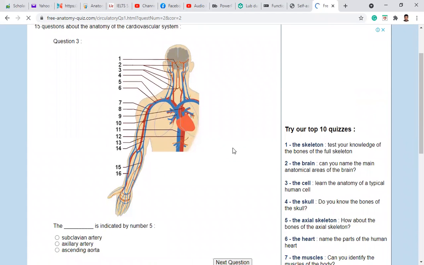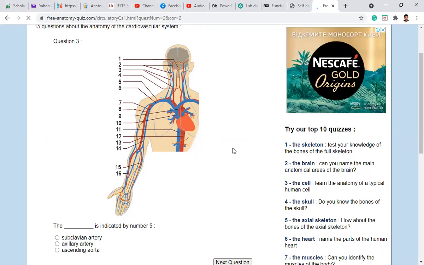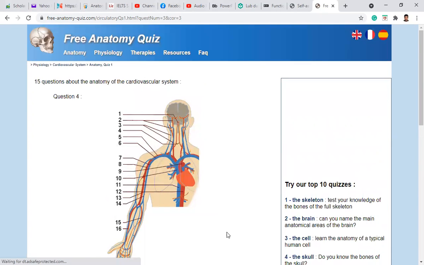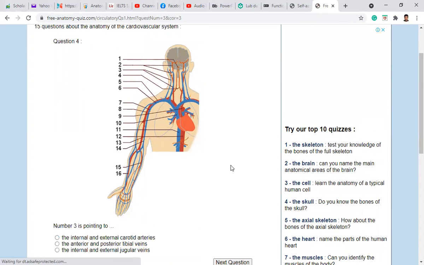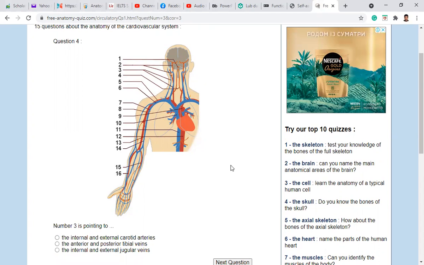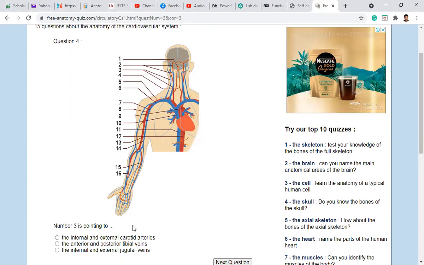The vessel is indicated by number 5. Number 5 is subclavian artery. Okay. Next question. Number 3 is pointing to internal and external jugular vein. Okay.